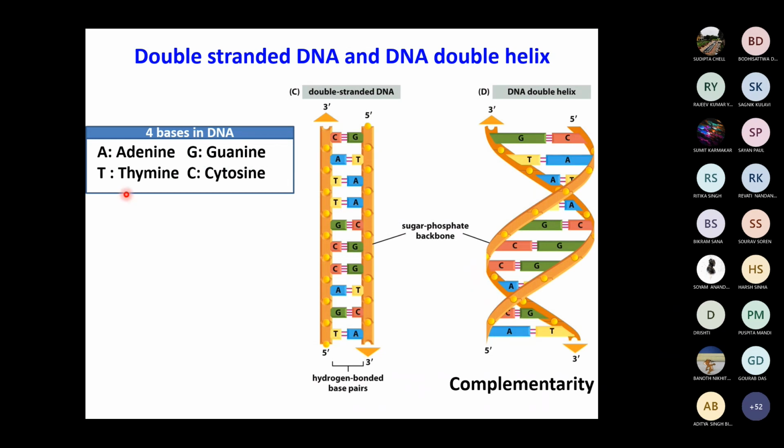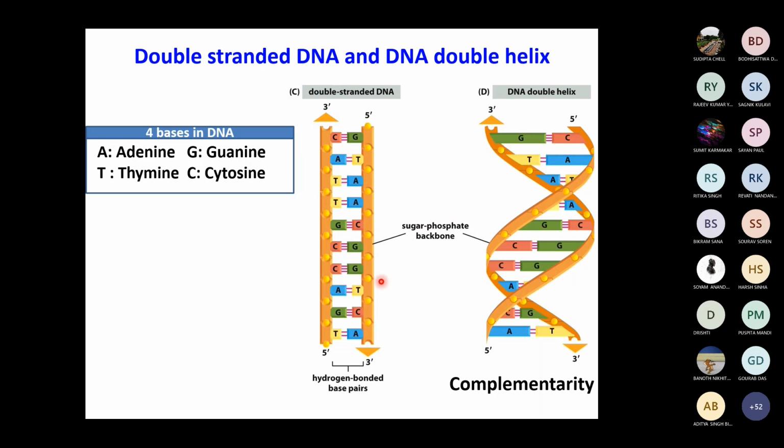This is the structure again. I'm talking about the double helical structure, adenine and guanine, and thymine and cytosine, 4 bases in DNA. You can see how this base pairing goes, G and C with triple bonds. You can see 3 bonds, and A and T have 2 hydrogen bonds. AT 2 and GC 3. And this is the sugar and phosphate backbone.